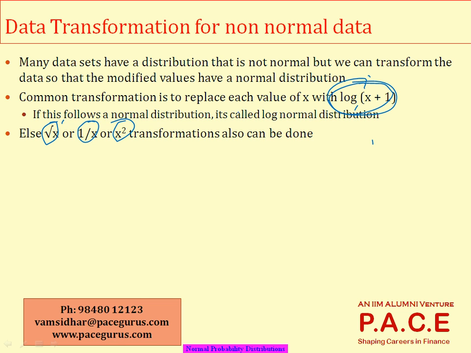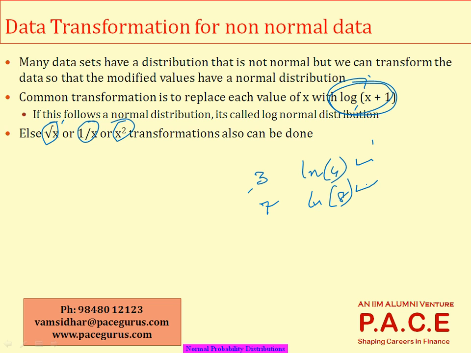If you see that the values are following a normal distribution after making it log x plus 1, so if you have a value 3, then you make it log 4. Or if you have the value 7, make it log 8.